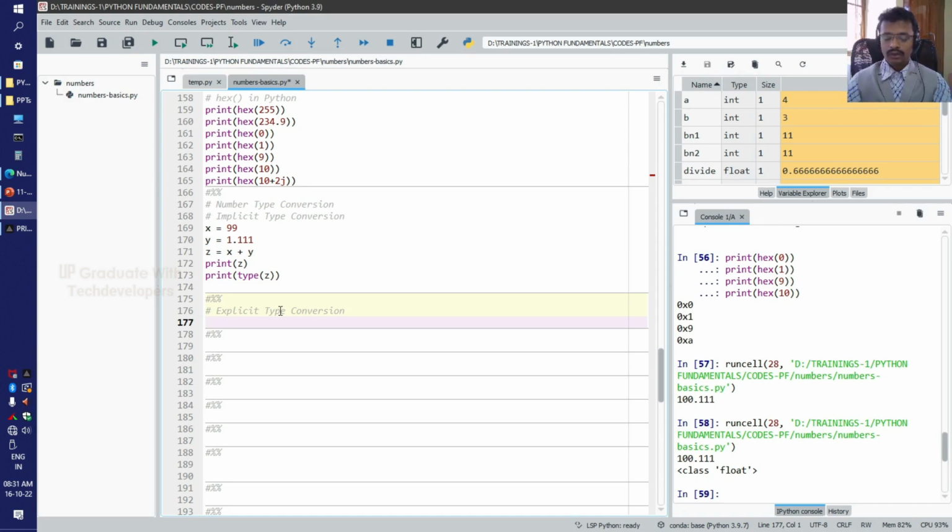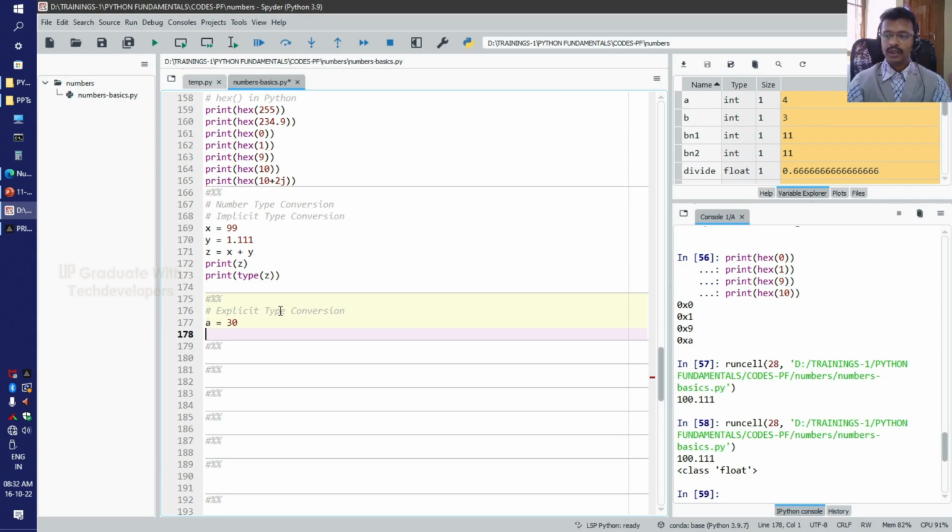We can convert data type in one type to another explicitly using the int, float, and complex functions. So this is called typecasting. For example, here I have a is equal to, say, 30, an integer value, and b is equal to some string value, say, Prithvi.